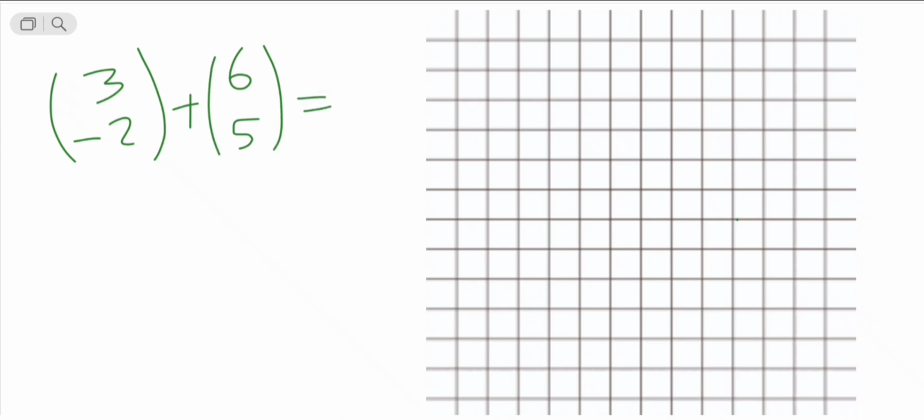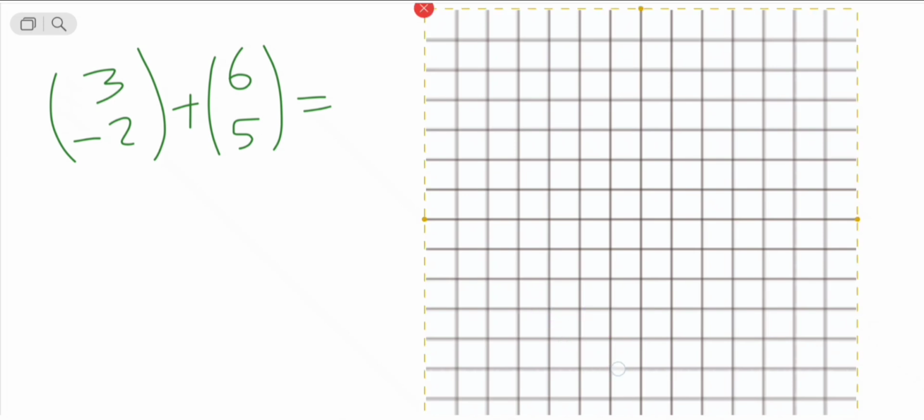So first you will start from here. Any point is a starting point. For example, this is a starting point. Okay, you will move right side 3 units, 1, 2, 3, then negative, because 2 is negative, so you will move down 1, 2. So this is the starting and this is the ending point.